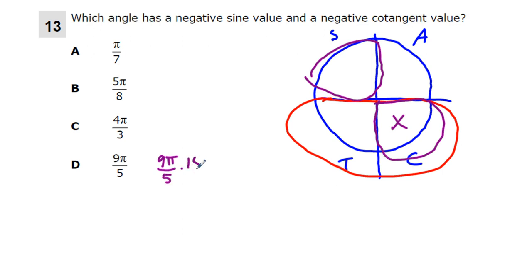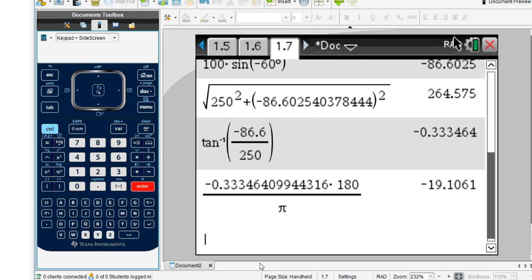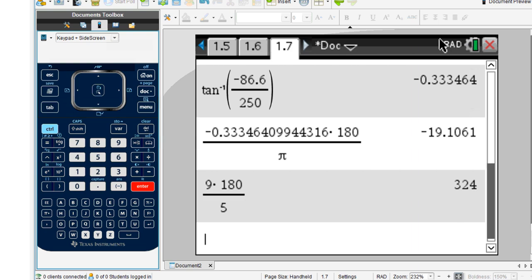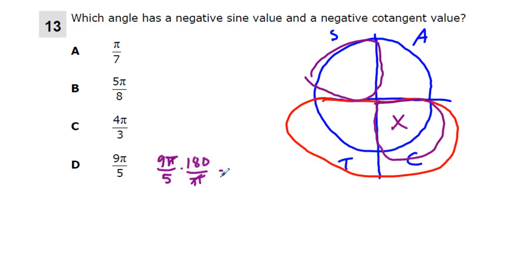If we multiply by 180 over pi, we get 9 times 180 over 5, so 324 degrees. So that's going to be answer choice D. 13 is D. Next, 14.